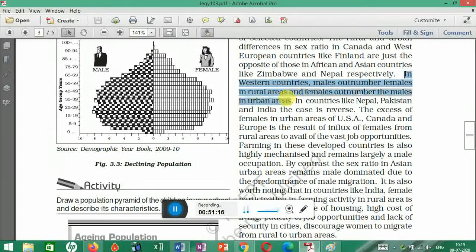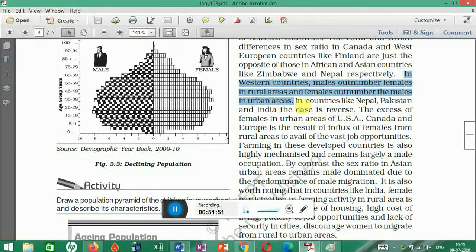See here, in Western countries, in the European countries, males outnumber females in rural areas and females outnumber the males in urban areas. In European countries, including USA, the number of females in the rural areas is lower as compared to these Asian countries.